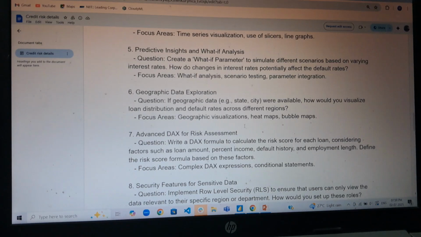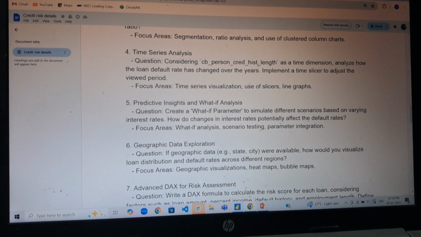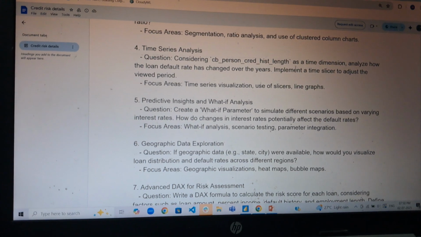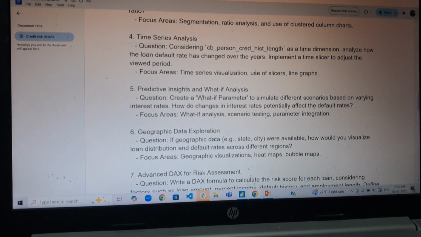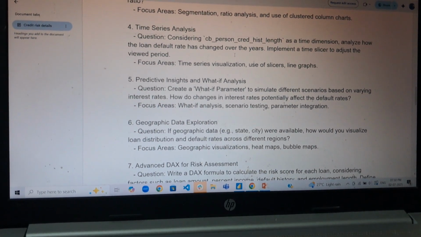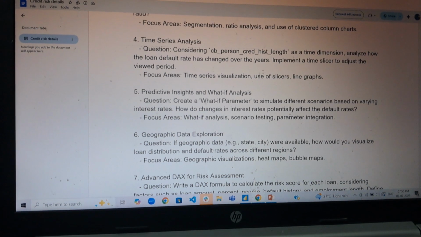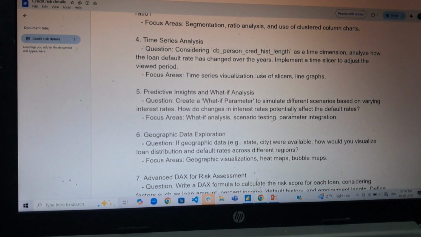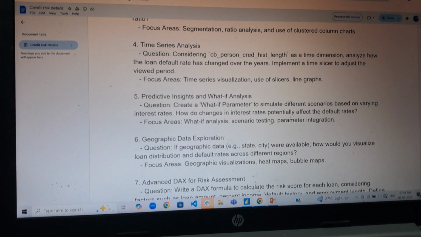These are the columns we are going to use, in numerical values. Using these columns we are going to show the time series and analyze how the loan default rate has changed over the years, using line graphs and slicers.